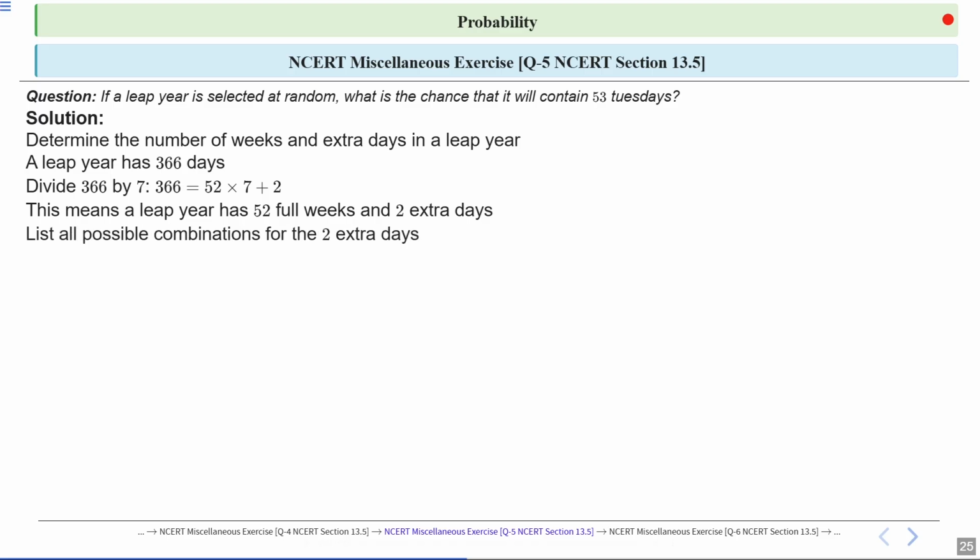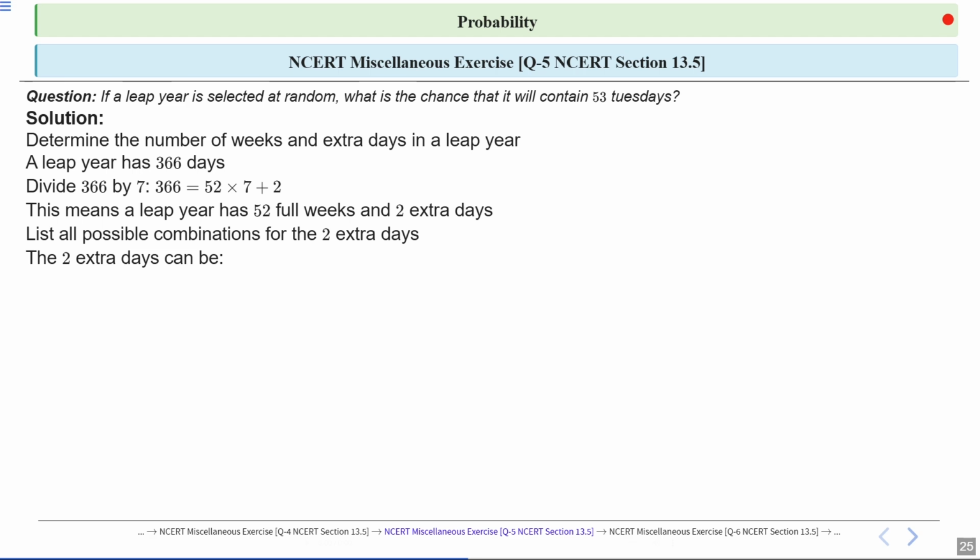Now to list all possible combinations for the 2 extra days, you should consider every pair of days that can be added, ensuring no duplication and covering all unique pairs.